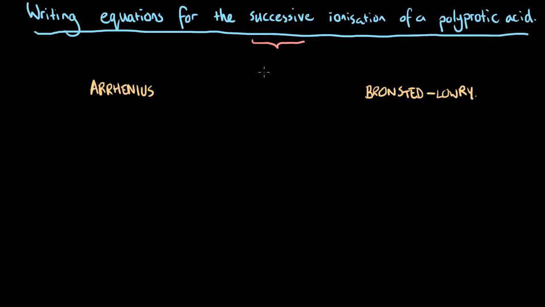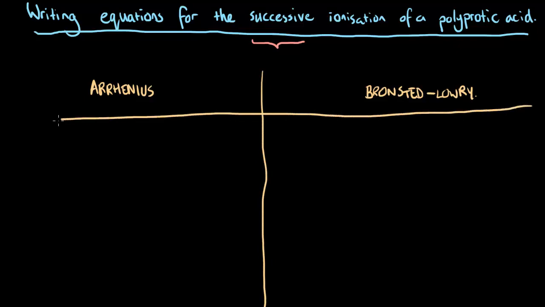If it doesn't specify, then you get to choose. Just to make things clear to you, we're going to do our examples using both methods so that you get a feel for what sorts of things you need to write. So let's say the question asked, write an equation to show the successive ionization of sulfuric acid.